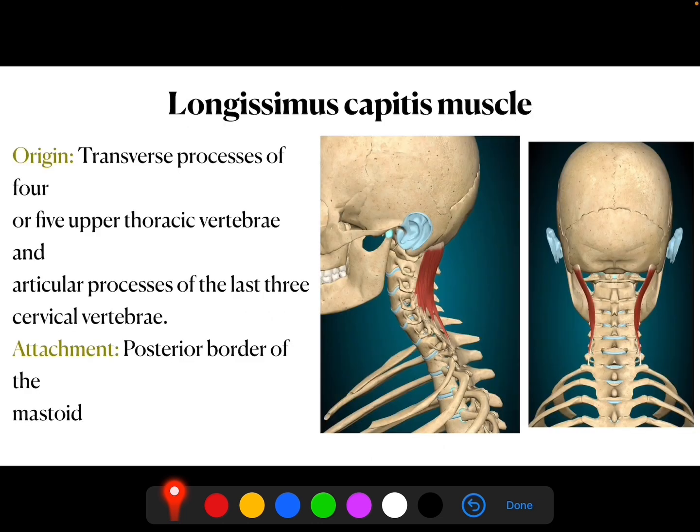Longissimus capitis muscle. It originates at the transverse processes of 4 or 5 upper thoracic vertebrae and articular process of the last 3 cervical vertebrae. It attaches at the posterior border of the mastoid.